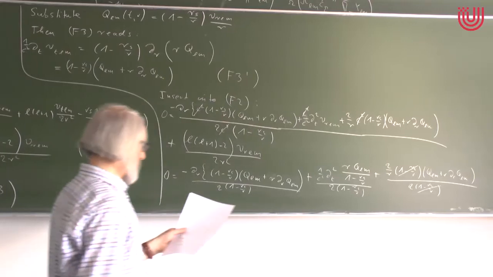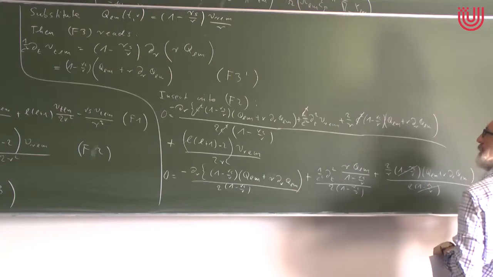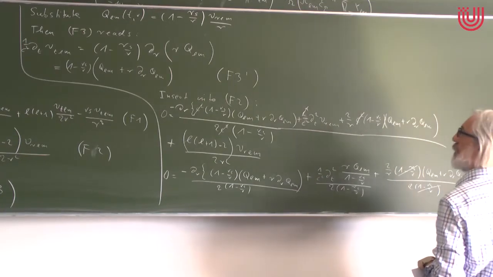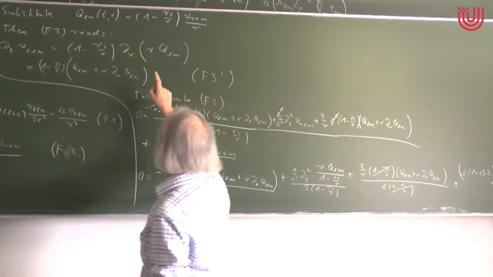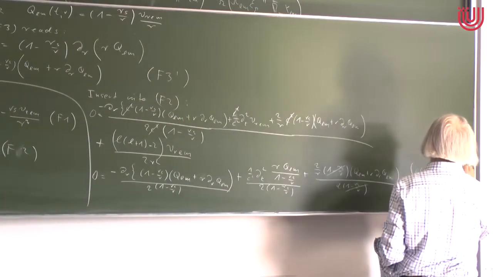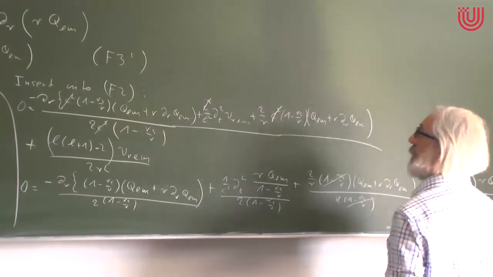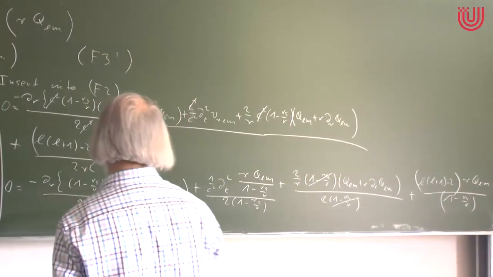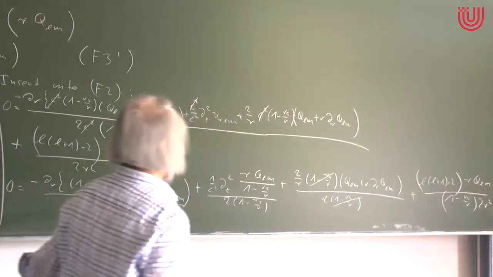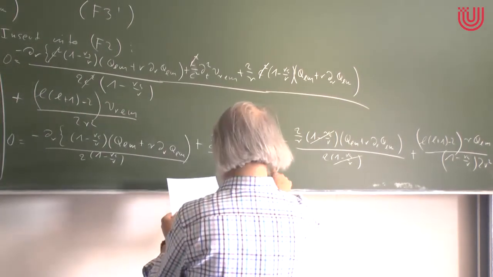The last thing is fine, but the other ones are not. And what do we get here? Plus L times L plus 1 minus 2, VRLM. VRLM is r times QLM divided by 1 minus rs over r. And I have an additional 2r squared. That's not good. This should go away here.